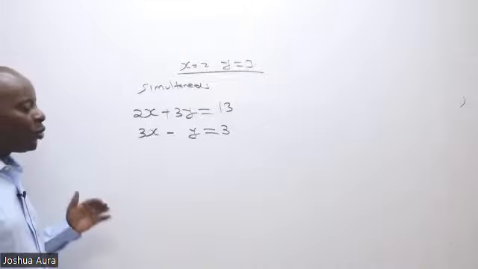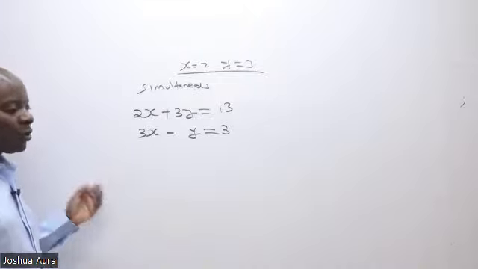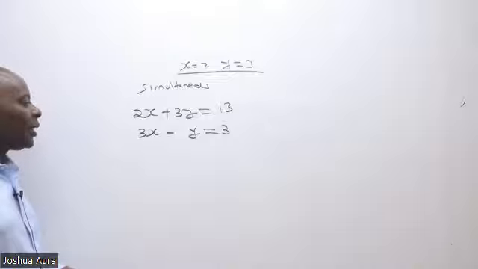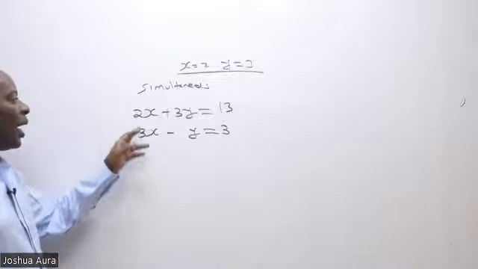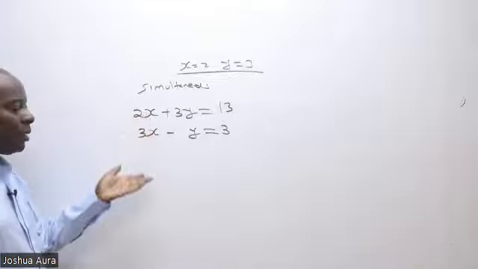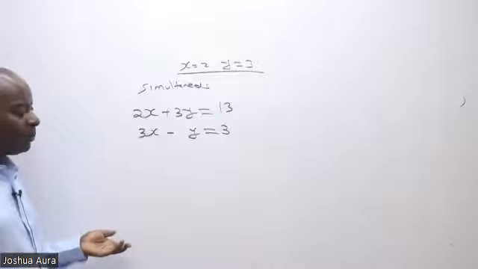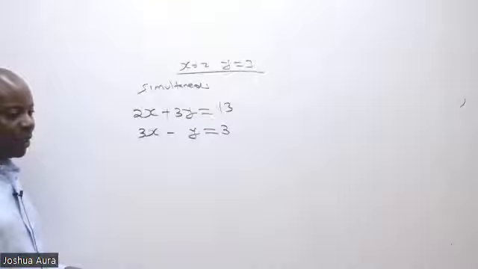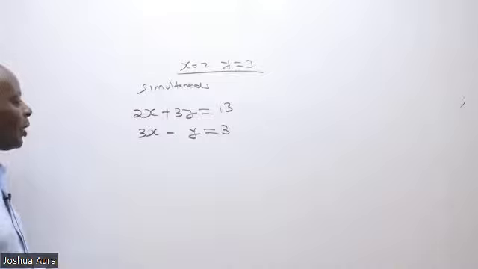I could decide to use matrices. I could also decide to have the values of x being the same and then eliminate. I can use the elimination method. So I would want us to use the elimination method.